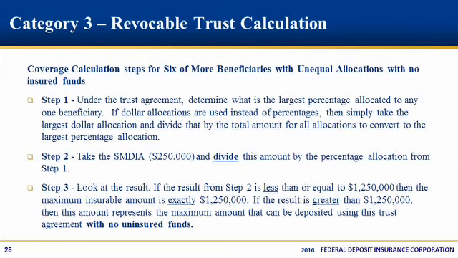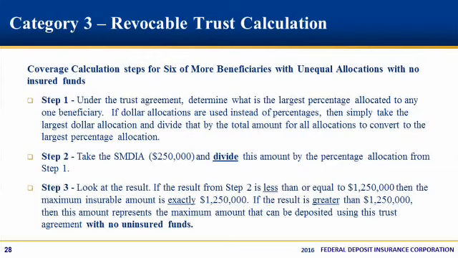The reason we are using $250,000 is that this amount represents the maximum insurable amount per beneficiary when 6 or more beneficiaries are named. Step 3. Look at the result.